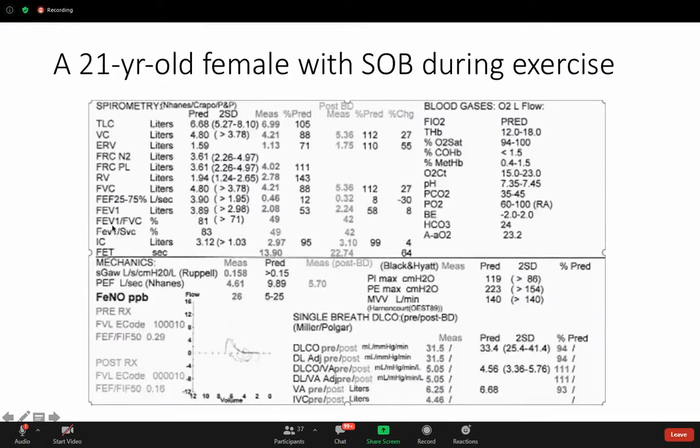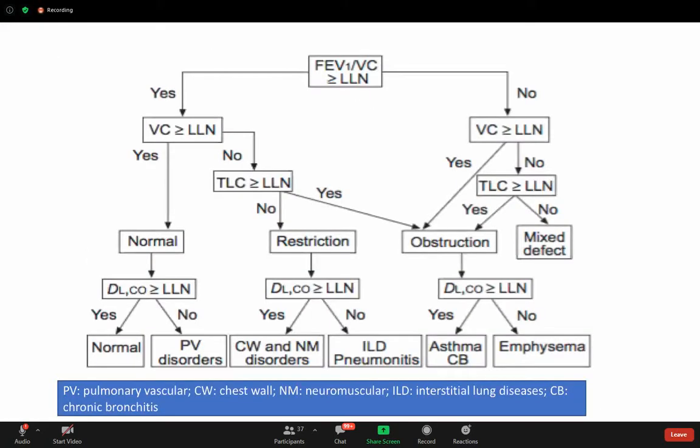So what is the DLCO here? It would be somewhere here. The measured is 3.1, predicted 3.33. She had 94% of predicted. Is this normal? Yes, it is normal. So what is the differential diagnosis for her?